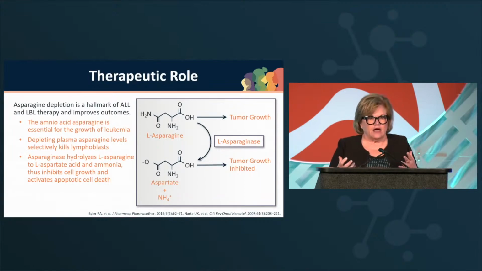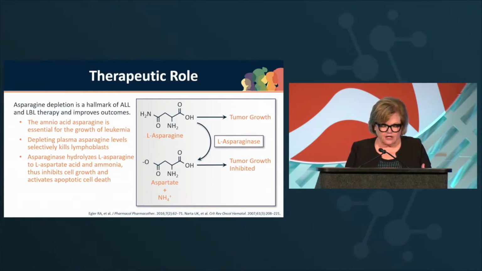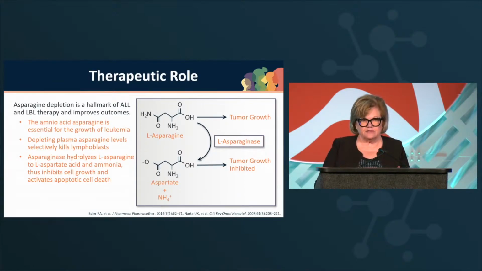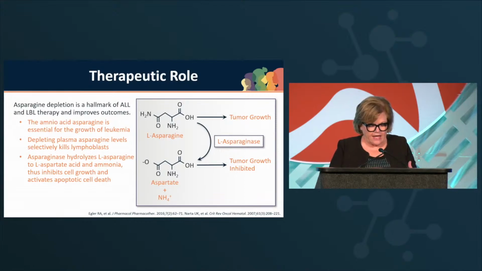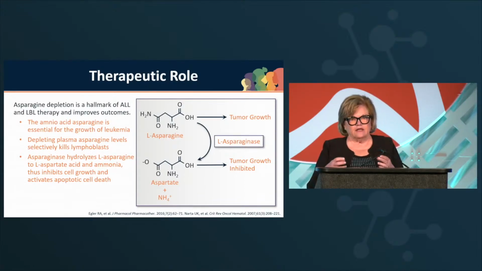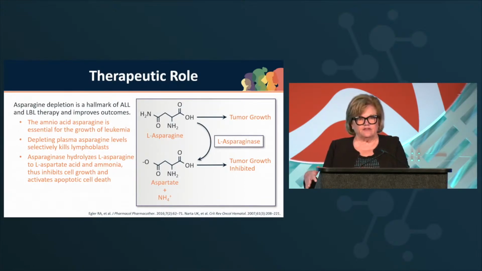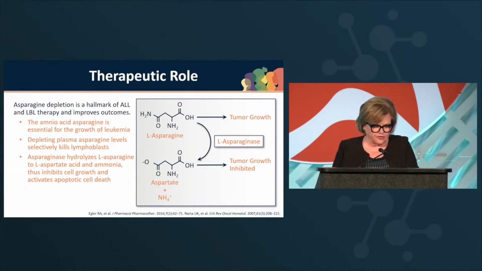The leukemia cell, though, is dependent upon the asparagine in circulation, in the plasma. It needs that for survival. So the hallmark of asparaginase is essentially to deplete this plasma asparagine, and by depleting it, it kills the lymphocyte because the lymphocyte needs it for survival.